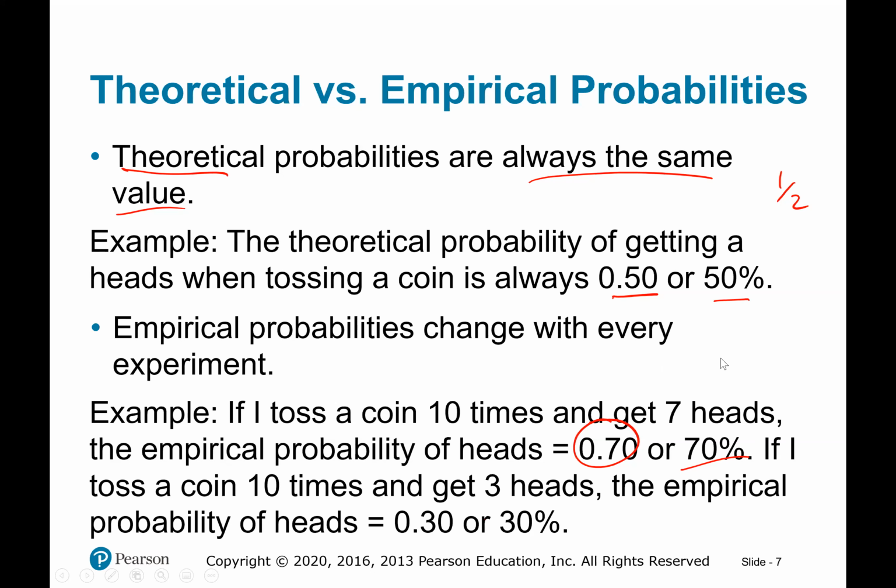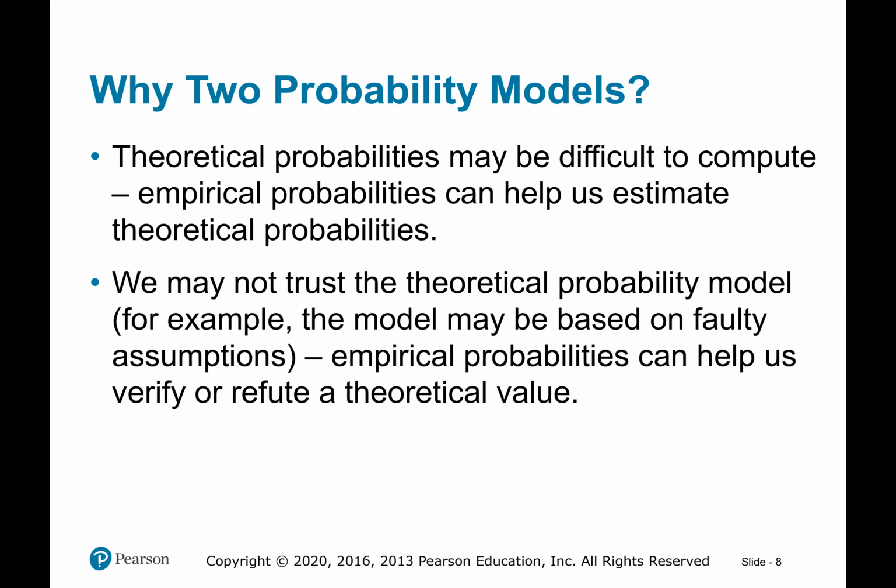Okay, let's move to the next slide. Why two probability models? The first one, theoretical probability, may be difficult to compute, but empirical probability can help us estimate the theoretical probability.